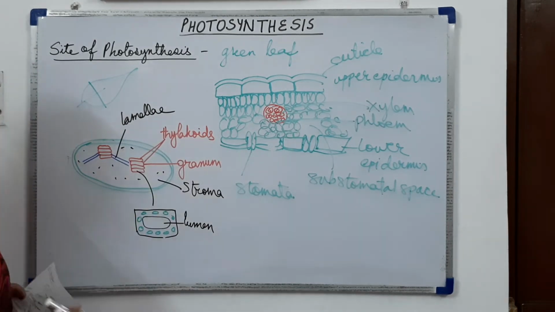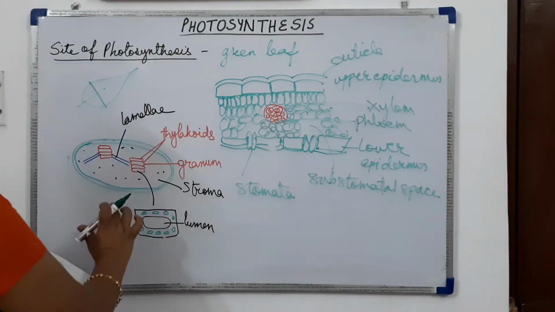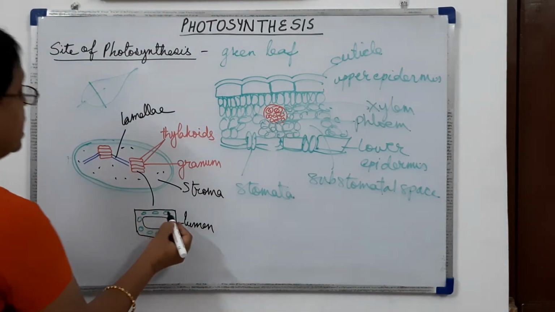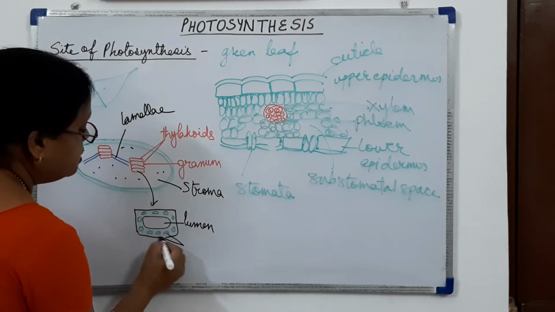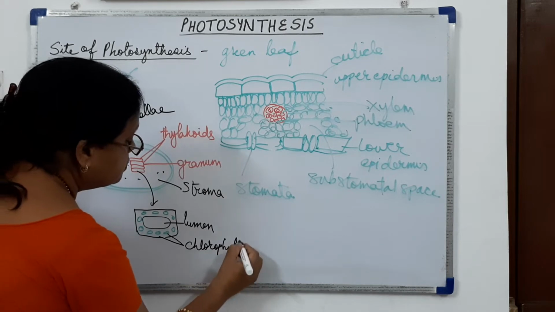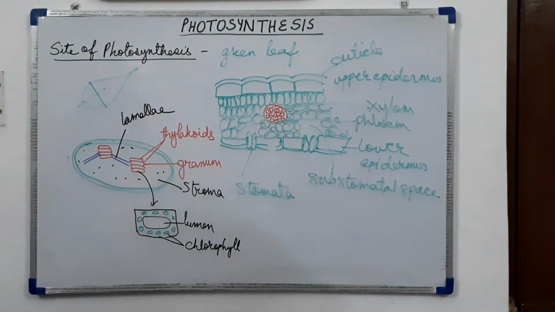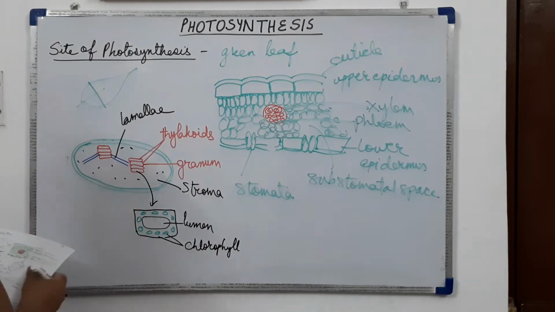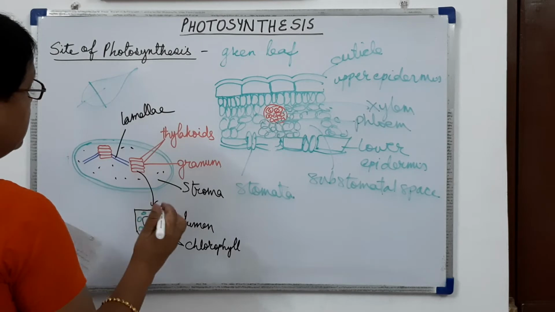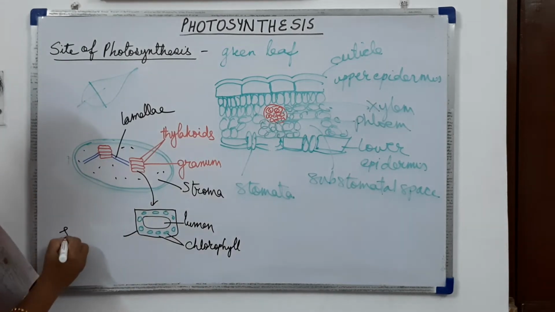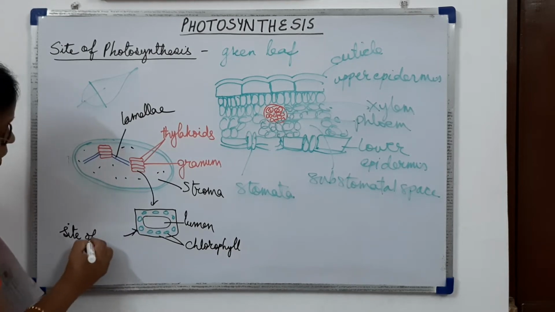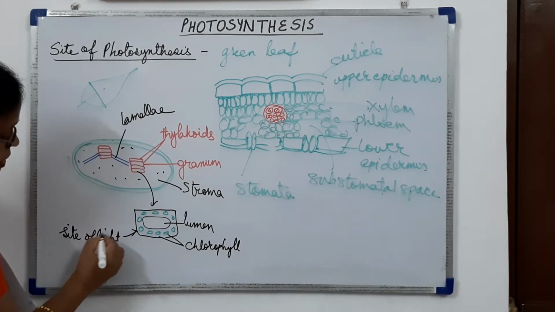So this is the lumen filled with aqueous solution, and in the membrane of the thylakoid there will be the chlorophyll pigments and other pigments also. Now, this membrane of the thylakoid is the site of light reaction.